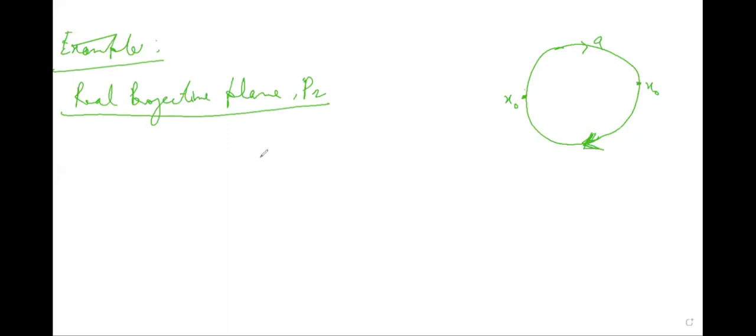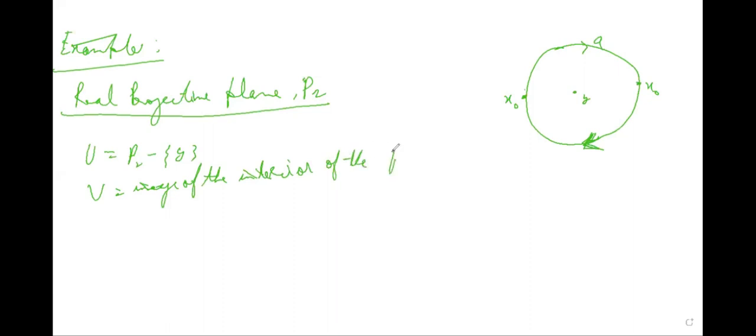Now, here also we can remove a point from here. Suppose that is y. Then we can take U equal to P2 minus y, and V we can consider the image of the interior of the polygon.